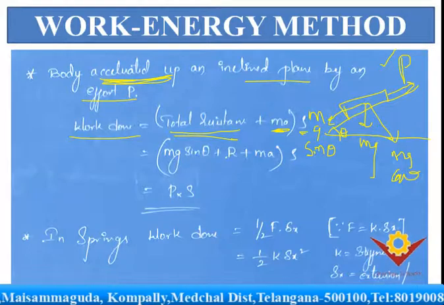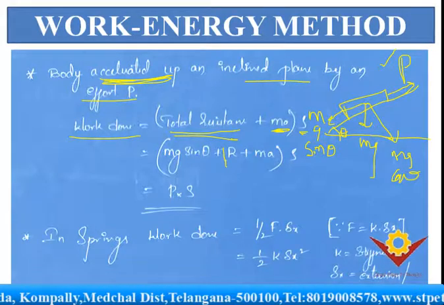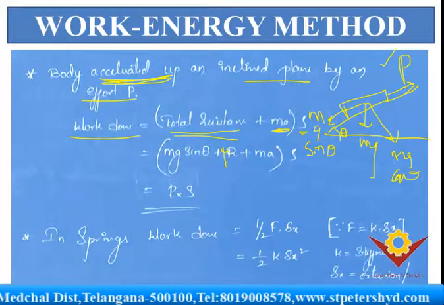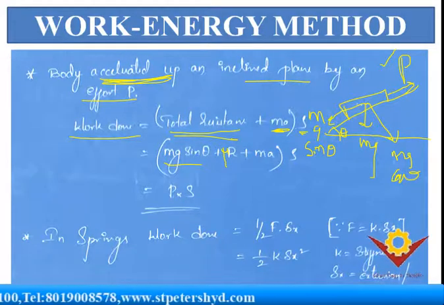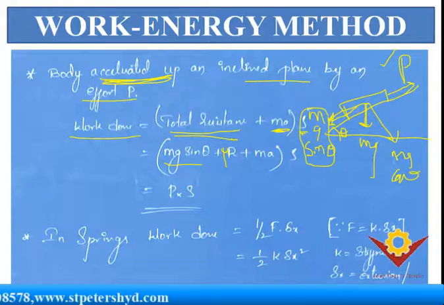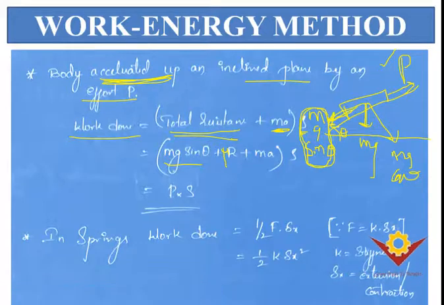This is your friction, mu R, and this is mg sine theta, the component of your weight which is acting in this particular direction. And mu R is the friction. See here, at this particular point we have a friction which is mu R, right?